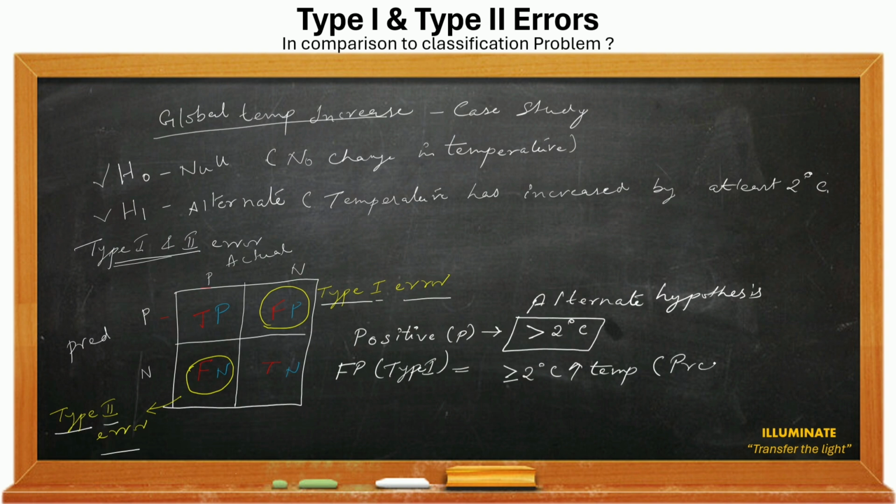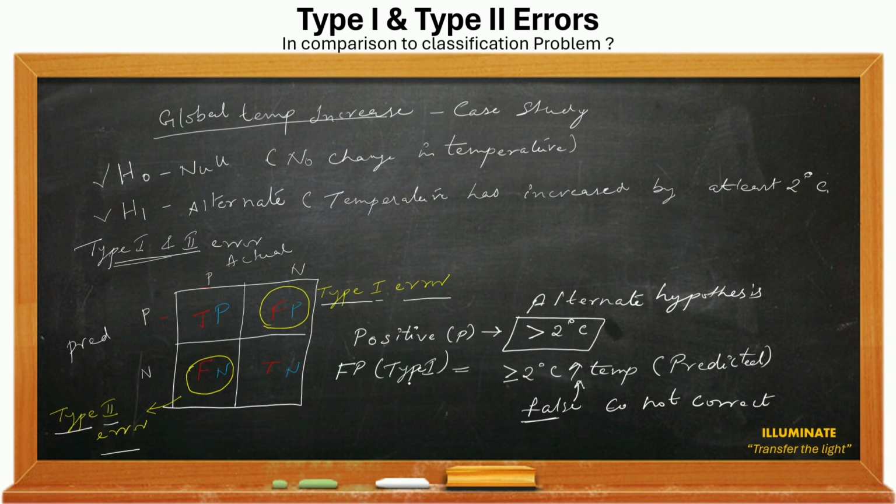But then what is the actual condition? It is false. So the claim that we are making is not correct. Saying that temperature has increased by at least 2 degrees Celsius is false. This is the type 1 error that we are making, when we are saying that the temperature has increased by 2 degrees Celsius and actually it has not. So that's type 1 error.